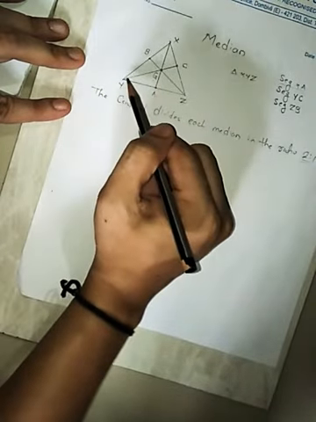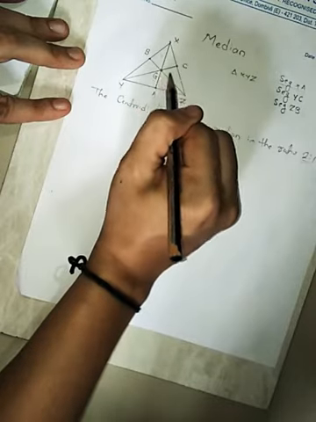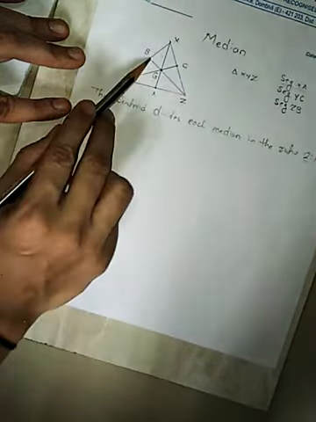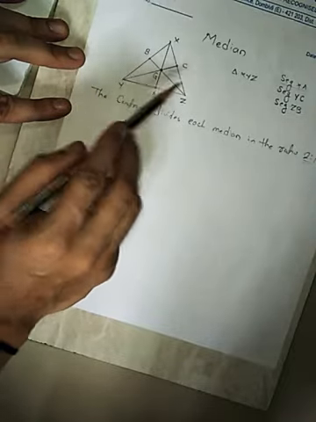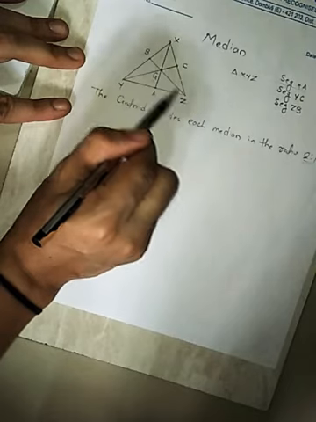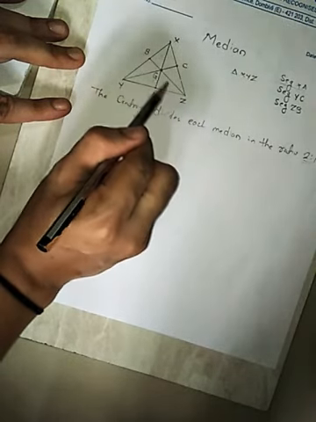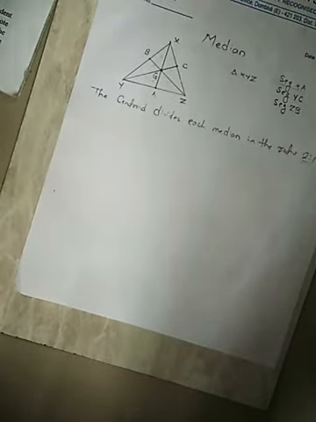If you're talking about segment YC, YG is 2 and GC is 1, so 2:1 parts. For the third median ZB, here also ZG is 2 and GB is 1. Like this, all the medians are divided by the centroid in the ratio 2:1.